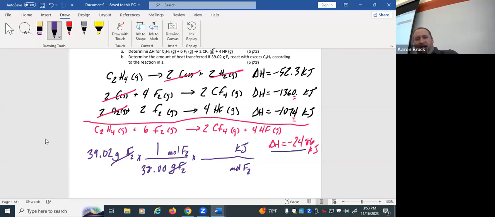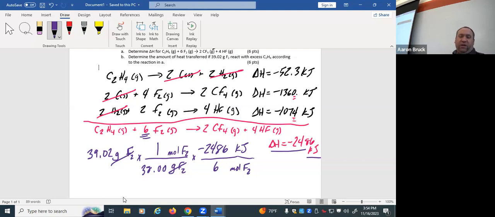So my delta H value is my numerator, so negative 2,486 kilojoules. My denominator comes from the balanced chemical equation. Balanced chemical equation says that when 1 mole of ethene reacts with 6 moles of fluorine, we get 2 moles of carbon tetrafluoride and 4 moles of hydrogen fluoride gas, and the whole thing releases 2,486 kilojoules of energy.